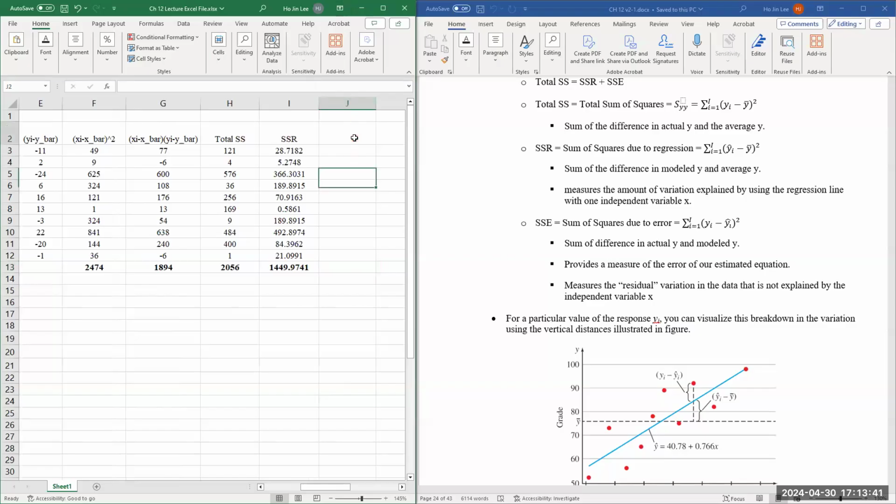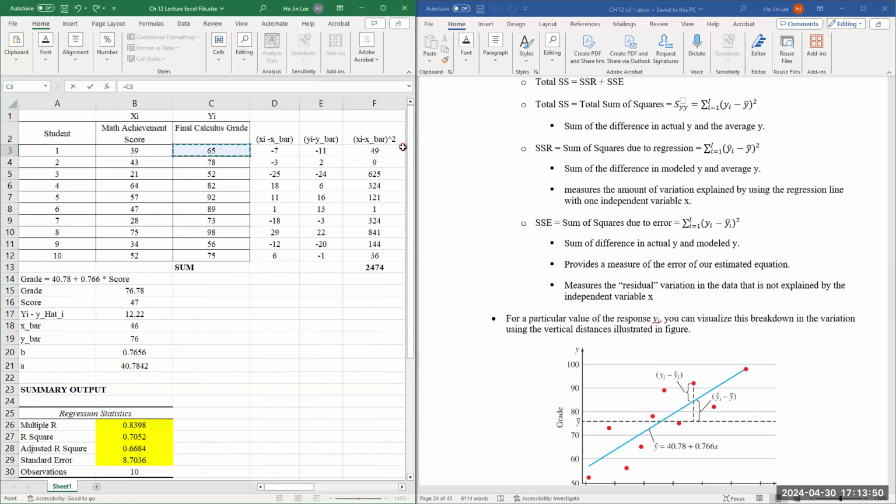The next one is SSE, and this is equal to yi, which is this number, minus the estimated yi hat.